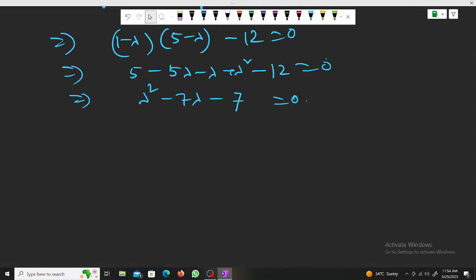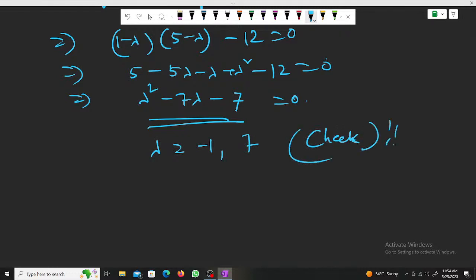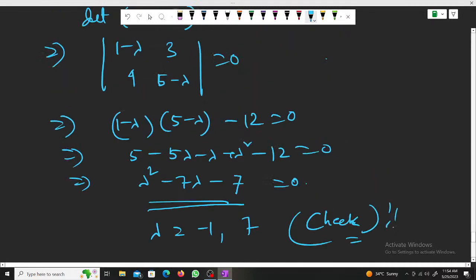Okay, if we solve this equation, we get lambda equal to -1 and lambda equal to 7. Just check it.